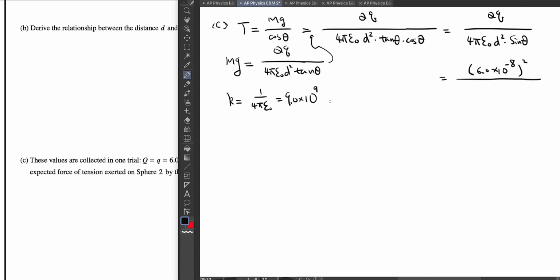Then that should be in SI units of newton meter squared per coulomb squared. So that's the SI unit for the Coulomb constant K. So I'm going to substitute in this number directly. Okay, so it's 9.0 times 10 to the 9th. That represents the 1 over 4 pi epsilon naught.